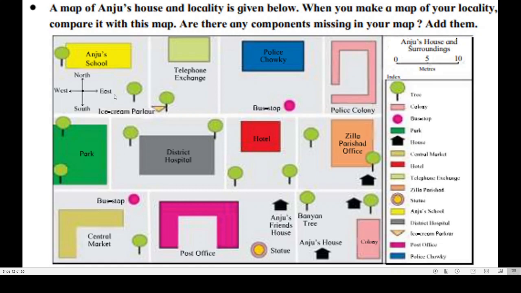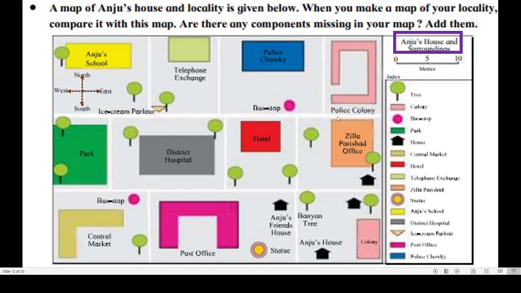First thing is direction. Can we see here? See, this is direction. Directions are shown here. Second thing is title. See, this is a title or heading. What is this sketch about? What is this map about? See, this is Anju's house and surroundings. This is the title for this map.